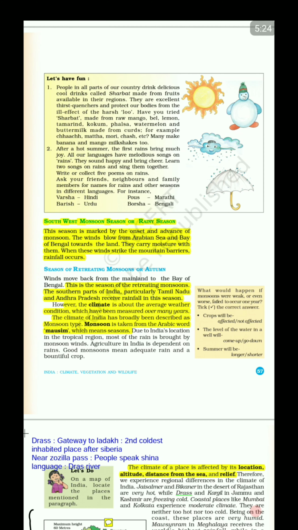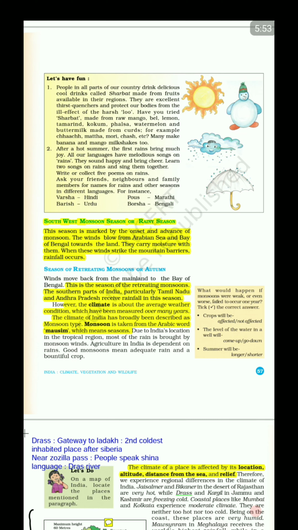Very important part: the season of retreating monsoon, also known as autumn, because after this comes the arrival of winter. Winds move back from the mainland to the Bay of Bengal. This is the season of retreating monsoons. But during this retreat of winds, the southern part of India, particularly Tamil Nadu and Andhra Pradesh, receive rainfall.